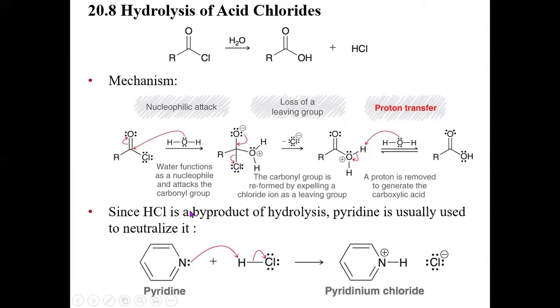But since HCl is a byproduct of hydrolysis, we have to use some base to get rid of the HCl to make the reaction go. So for this reaction, we usually use pyridine to neutralize the produced HCl.